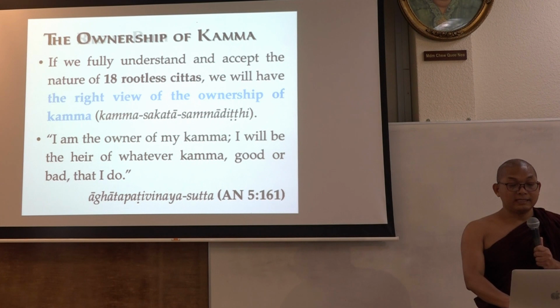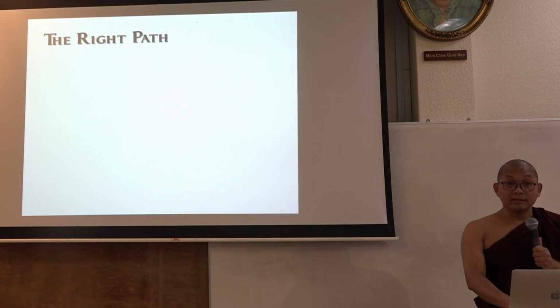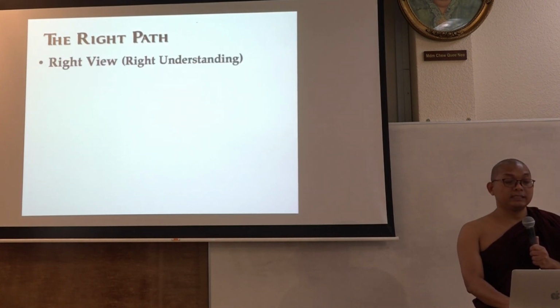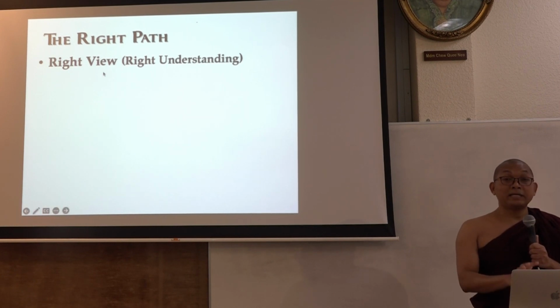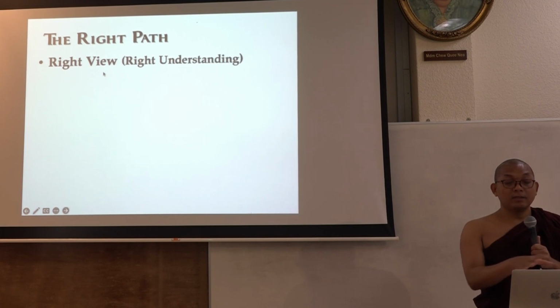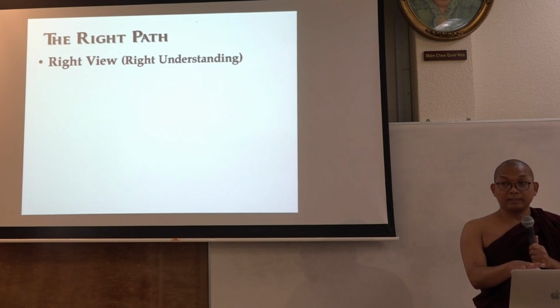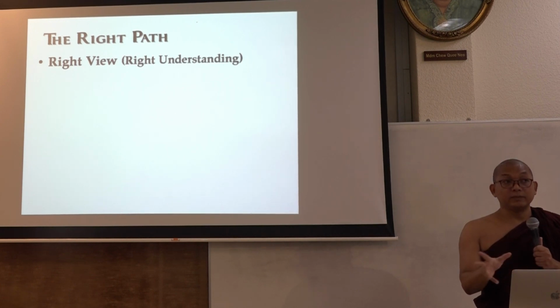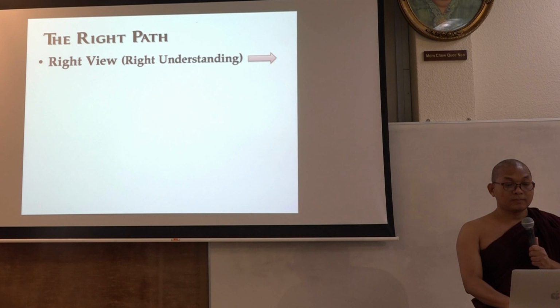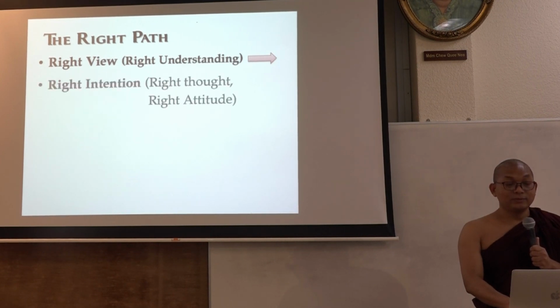So therefore, in the Noble Eightfold Path, the sequence is like this. The Noble Eightfold Path begins with right view, or right understanding, right? If you understand the theory of karma, or the ownership of karma, if you understand the 18 ahetuka cittas very well, that is right view. Then your intention also will be good.